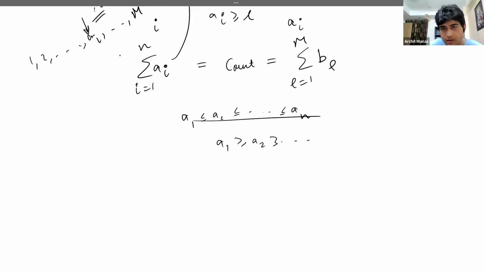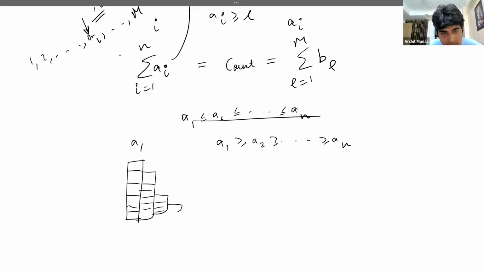So you first put a 1 by a1 rectangle, followed by a 1 by a2 rectangle maybe, and so on. And so you get this shape, right? Some of you may recognize this as a Ferrers diagram, but of course it's rotated in a weird way here.